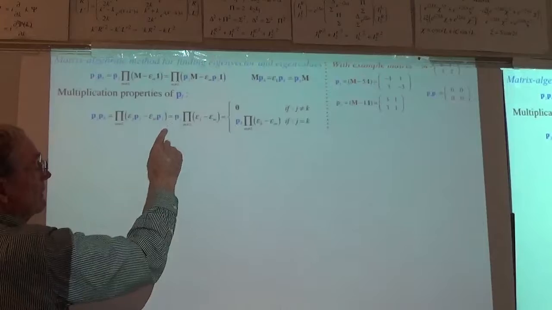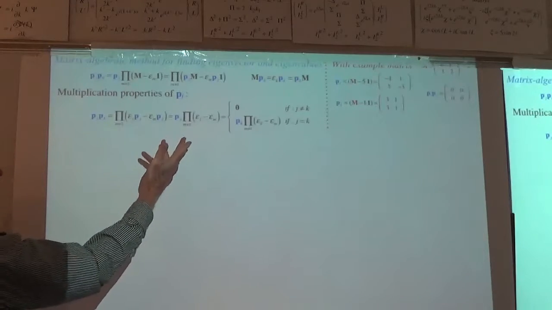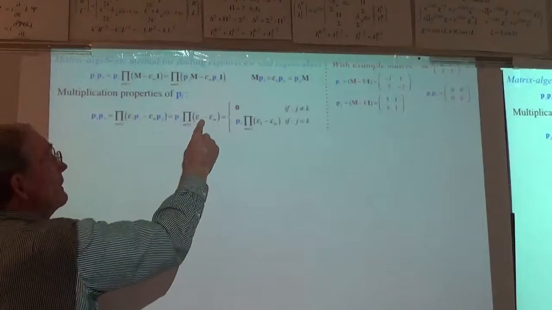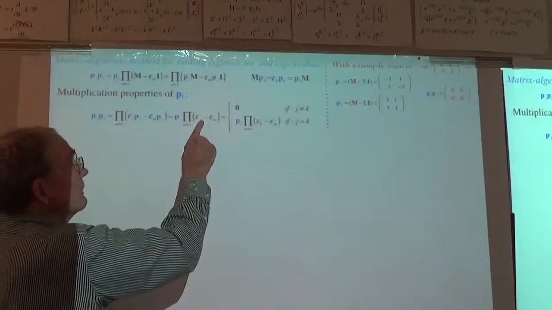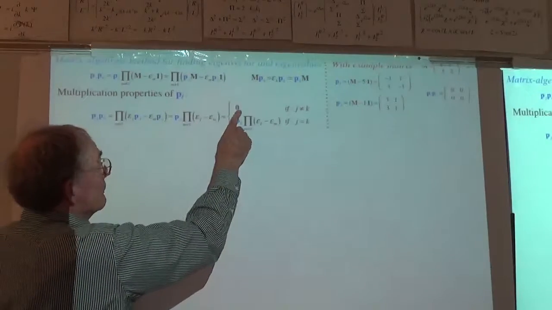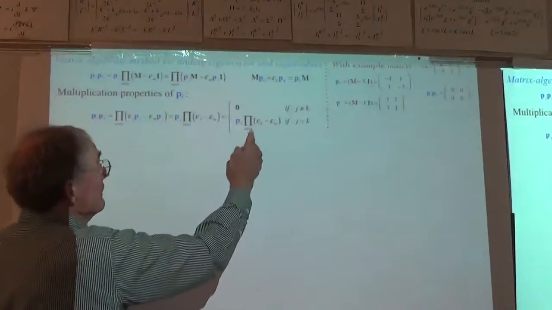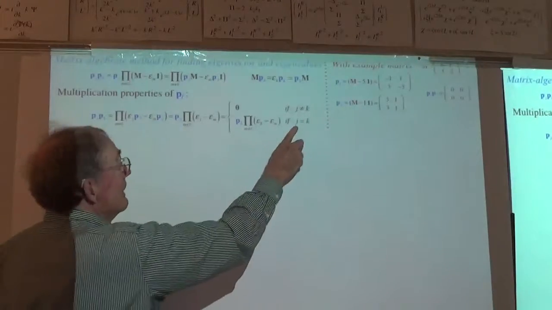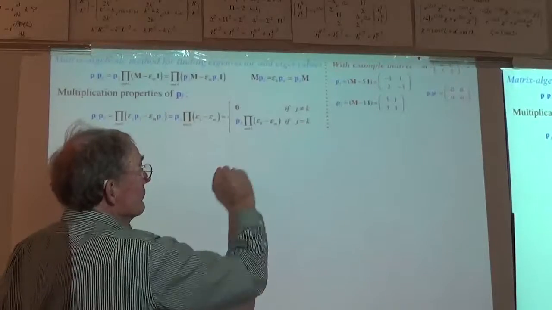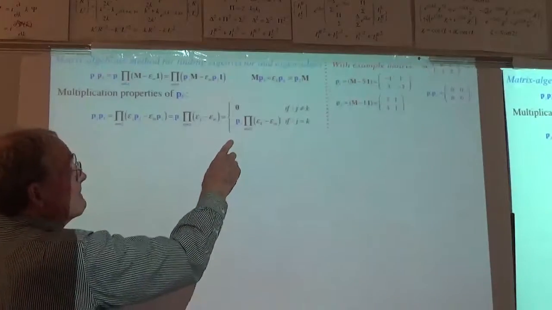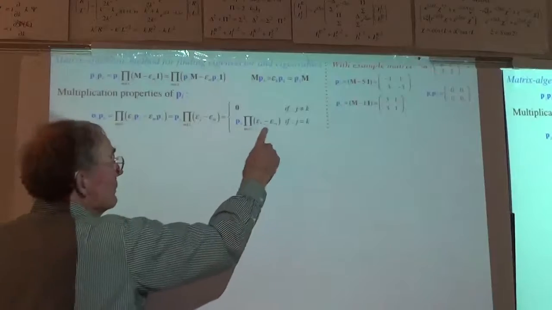This is not a dummy index rule thing here; this is just a particular j that is sitting there. I will get 0 from this product if j is not equal to k. I'm guaranteed to get something that's not 0 if j and k are equal.